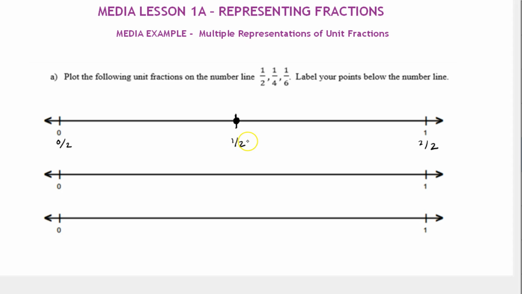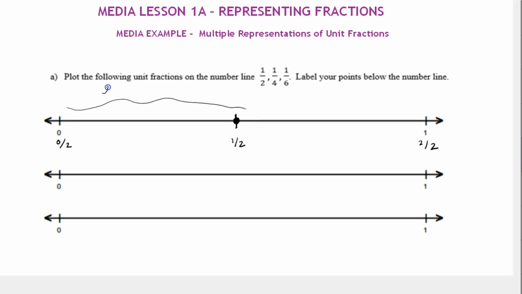So notice what 1/2 means. 1/2 is this point, but it's also a distance of 1/2 from 0. It's 1/2 greater than 0. So the length between 0 and 1/2 is also 1/2.